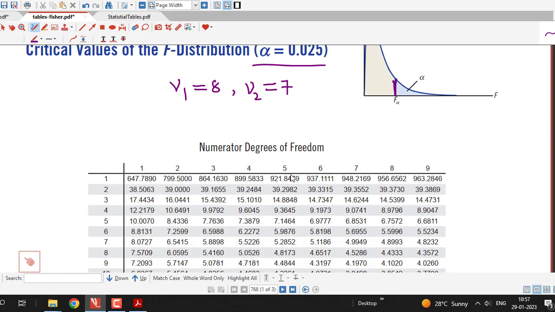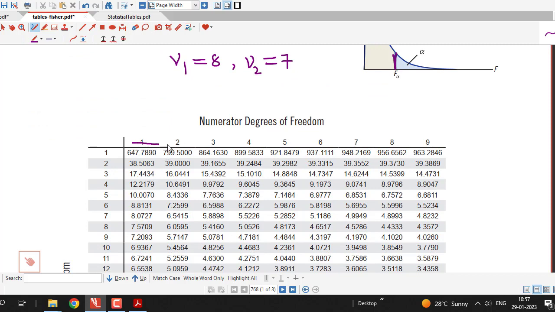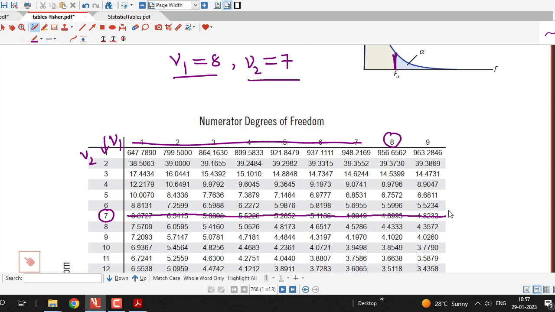These column headings are values of nu1, and this left column corresponds to values of nu2. nu1 is 8, so I have to go up to this, and nu2 is 7, so I will look in this row. So I am taking the intersection of this row and this column, and the point of intersection is our required critical value.